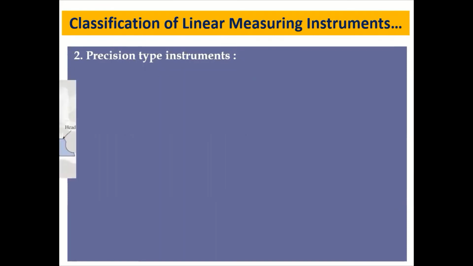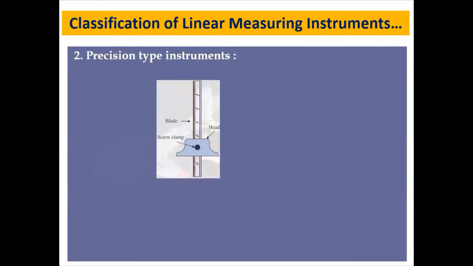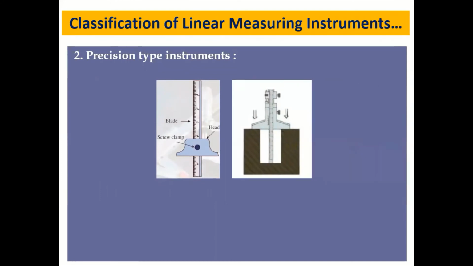Then the precision type instruments. Here I have shown an example of a vernier depth gauge. You can check the depth just by using the vernier depth gauge.